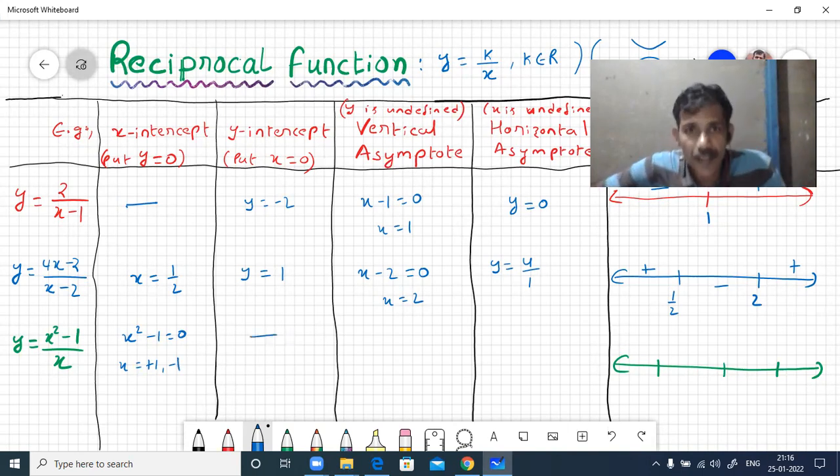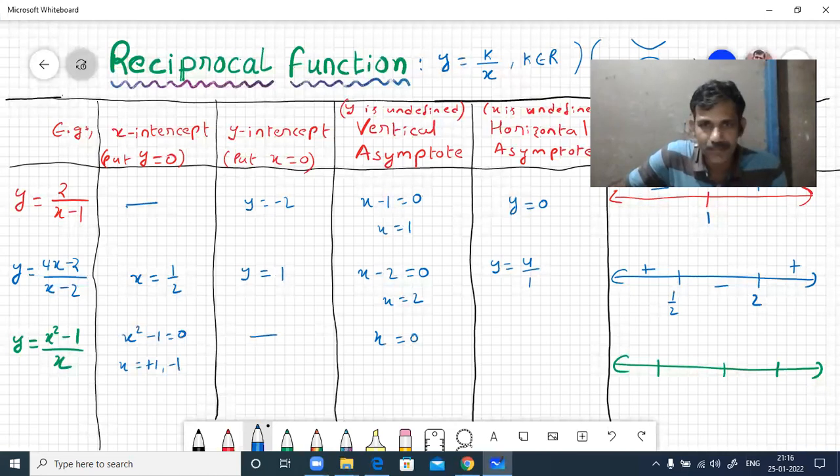And now the vertical asymptote. The denominator is 0, that is x equal to 0, so the y-axis is the vertical asymptote. Horizontal asymptote, here the denominator power is less, so a horizontal asymptote cannot be formed.